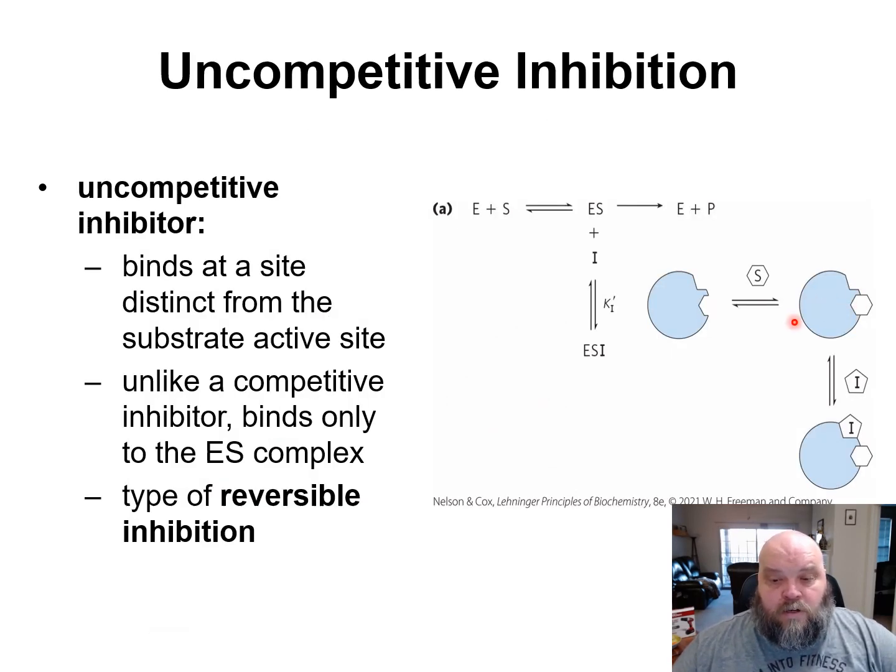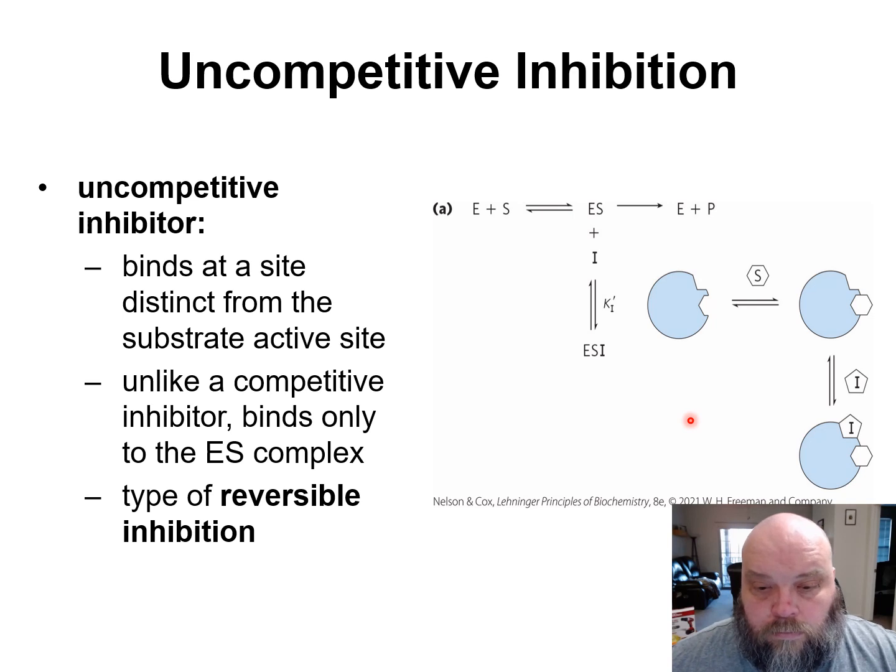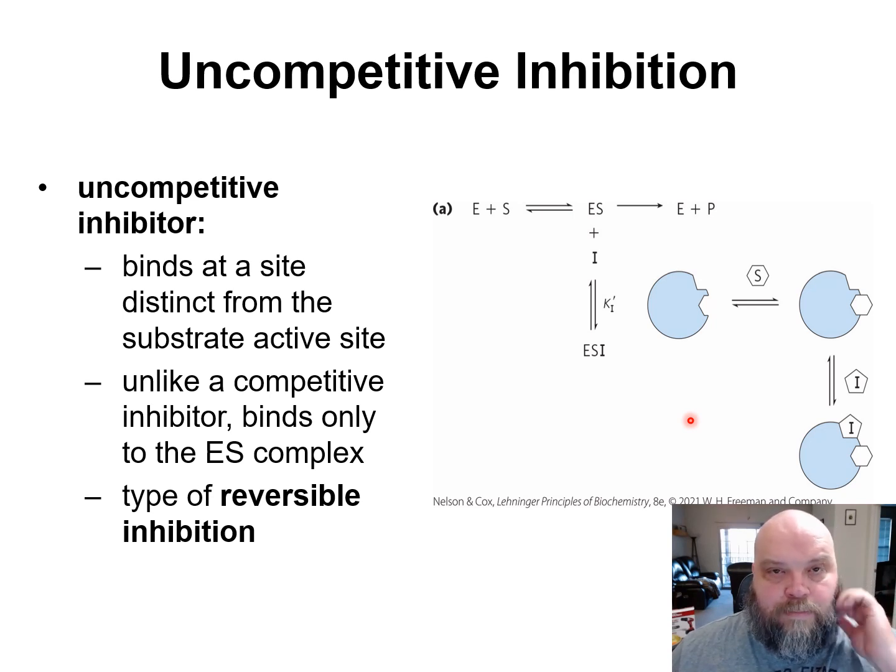Uncompetitive means that there's going to be a spot somewhere else for an inhibitor to bind, not the active site. If I binds, it disturbs the shape of the enzyme. It does not allow S to bind, or does not allow the ES to EP to finalize.